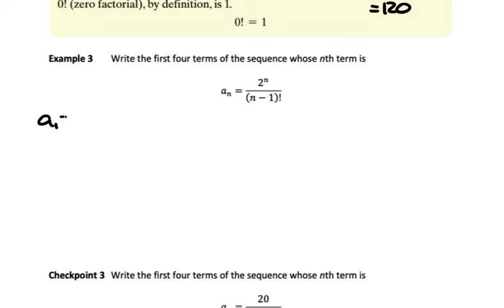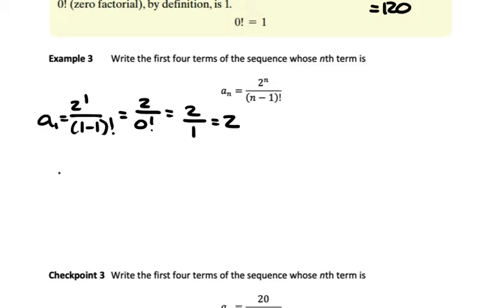So we'll start with the first term, 2 to the 1 over 1 minus 1 factorial. The 1 is plugged into 2 places. 2 to the first is 2, and 1 minus 1 is 0. And as we just said, 0 factorial is equal to 1. So this is equal to 2.